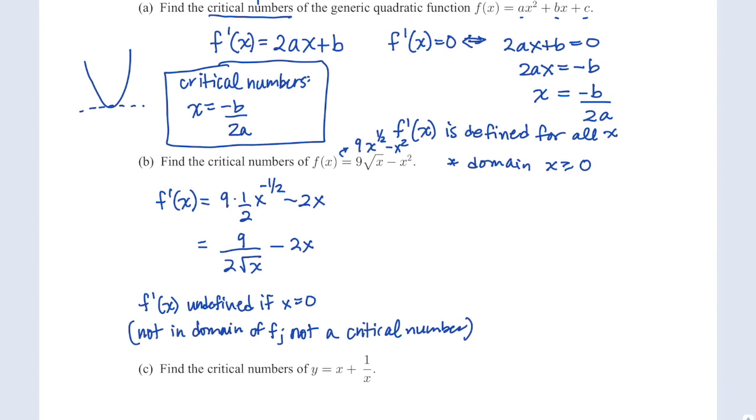So now we just really want to know where this derivative is 0. So we'd say f prime of x is 0 if and only if 9 over 2 times the square root of x minus 2x equals 0. And let's see, I would maybe add 2x to both sides.